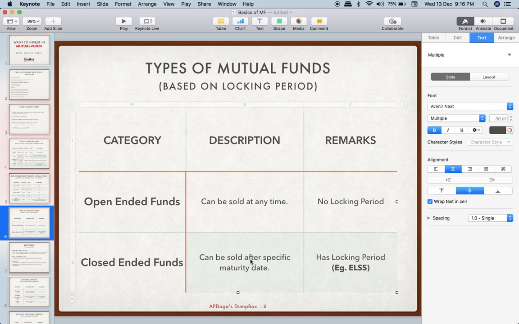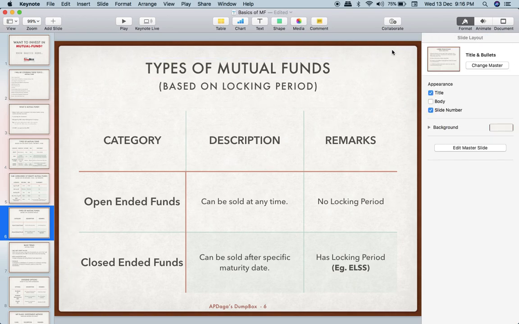Close-ended means there is a maturity date provided by the fund manager or AMC, and you can sell it after the locking period only. You can sell it before that maturity date also in the secondary market, just like shares, but not directly to the AMC. One example is ELSS, as I mentioned earlier.